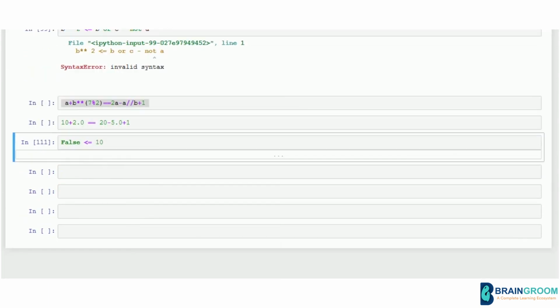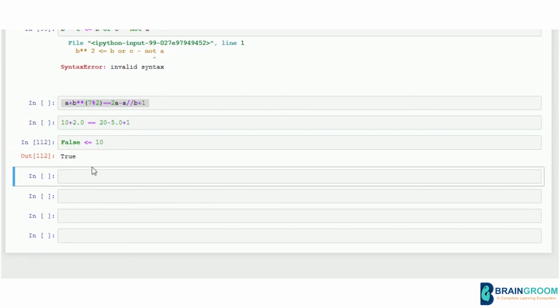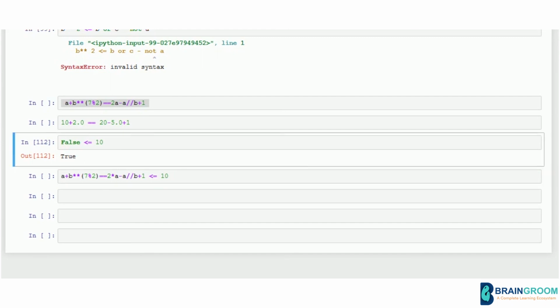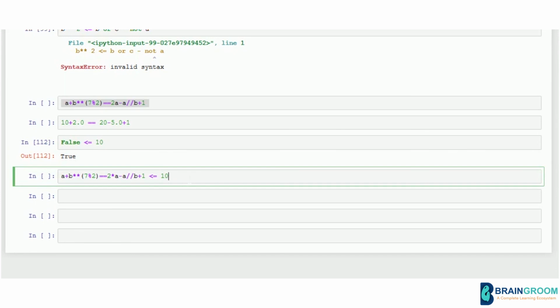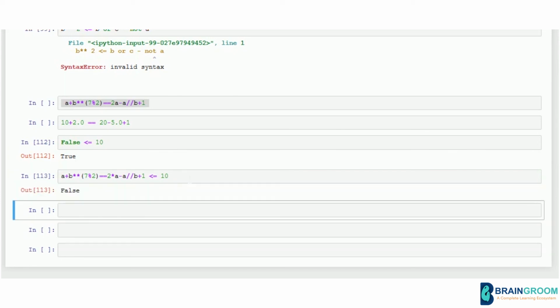So we can replace this particular portion with false and then add just the extra portion, and your output is true. Now if you give this entire expression, will the output be true or false? We have deduced here that it was true, right? So the output should be true, but actually it is false.